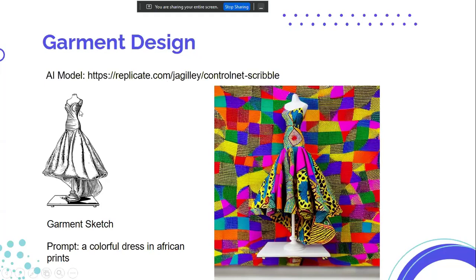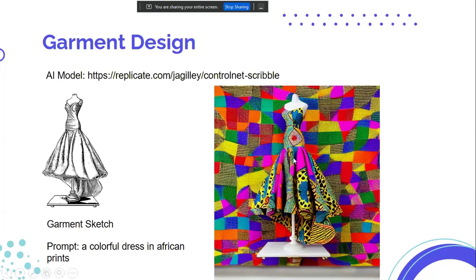So for this, I picked a random sketch online, and then using the sketch, I used the prompt a colorful dress in African prints, and in 3 seconds, it had this prototype of a garment.